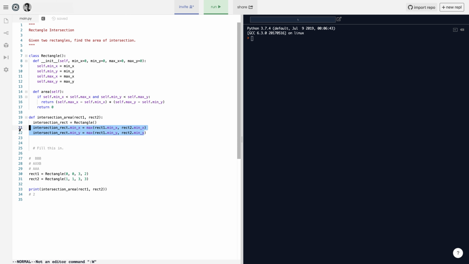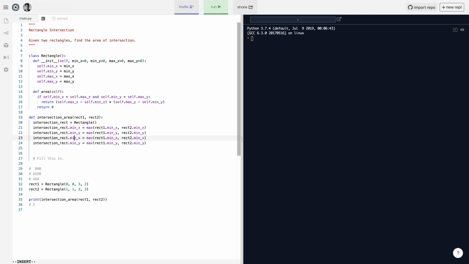And then we do the same thing for the max, but instead of taking the max of them, you take the min. And then you just return your new rectangle's area.